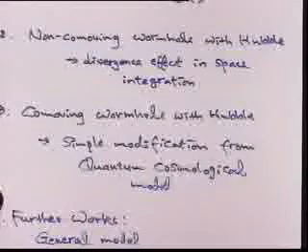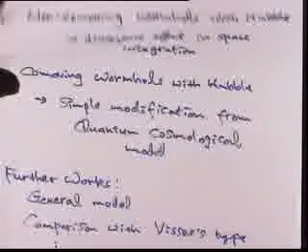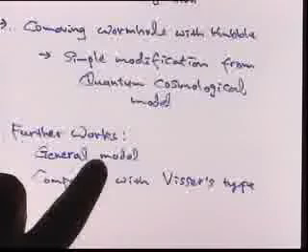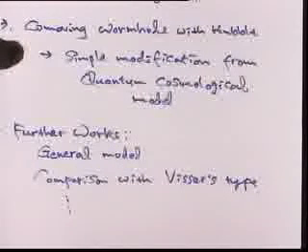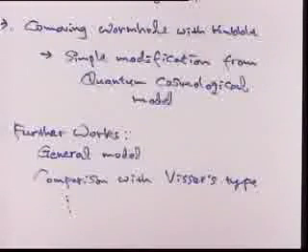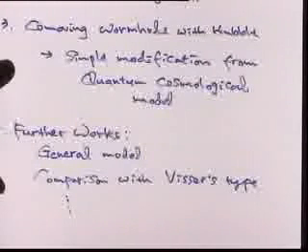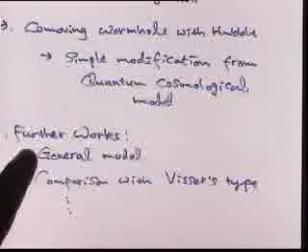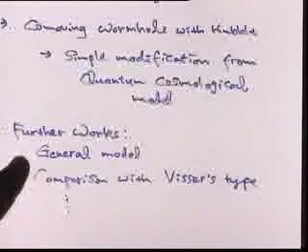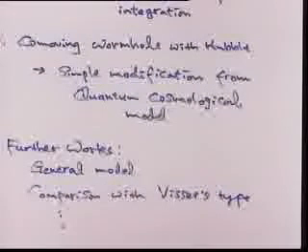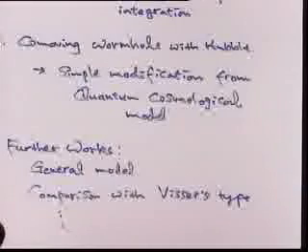Afterwards, I'll try some more general models. I tried only a simple model with a simple type of wormhole function, so I can change the wormhole function into another type. So we can try other types of models, and we can also obtain results with the Bister type wormhole. Thank you.